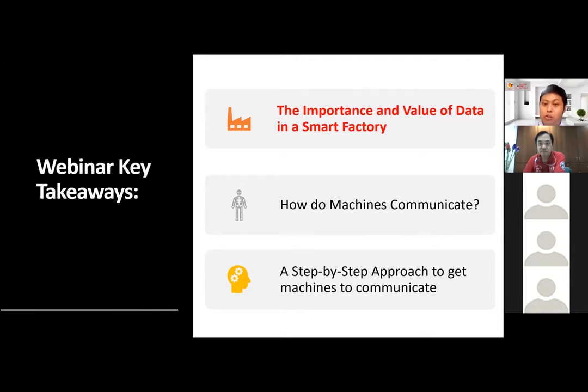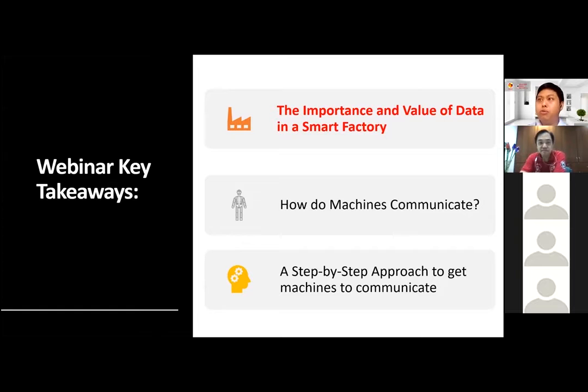The next topic we'll talk about is how machines communicate. When we spoke to many industries, many factory owners, the problem is that they understand what Industry 4.0 is all about, the bigger picture.